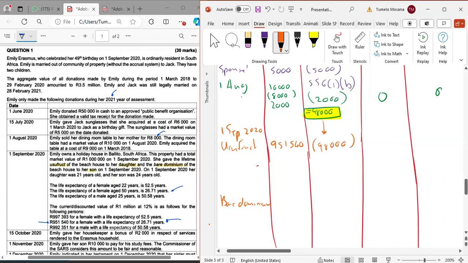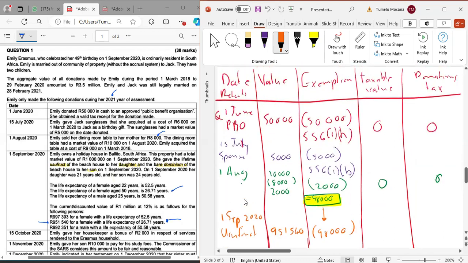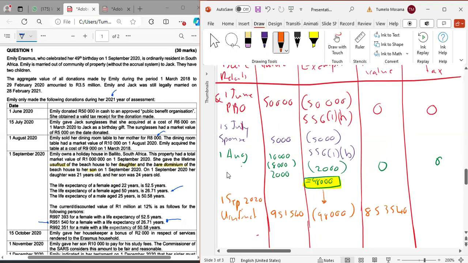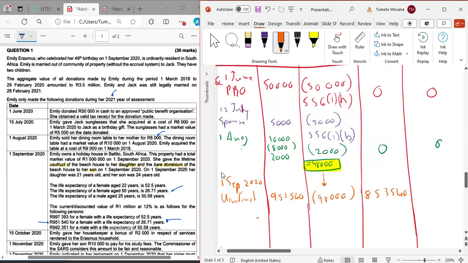Essentially, our taxable value would be 951,540 minus 98,000, which is 853,540. So we would have a donations tax at what rate? At 20%, because I haven't reached my 30 million mark as yet.